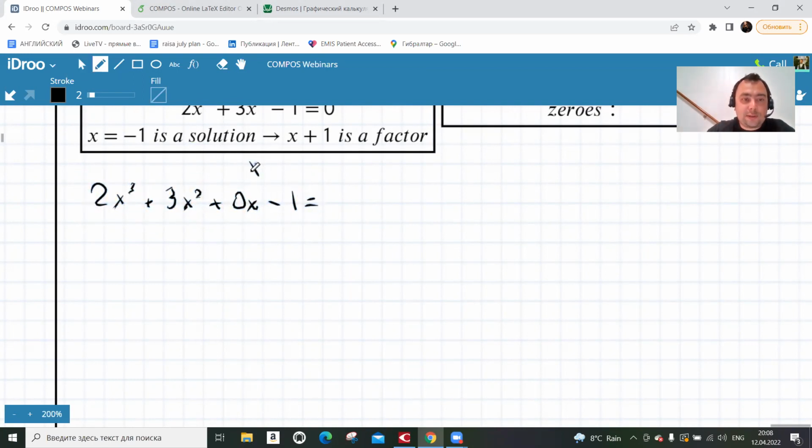So 2x cubed, in order to factor out x plus 1, you need this to be 2x squared. And that's what we're going to do. So we're going to get 2x cubed plus 2x squared. I can't change this, so I have to write plus x squared. Plus x squared. What am I missing here in order to factor out x plus 1?